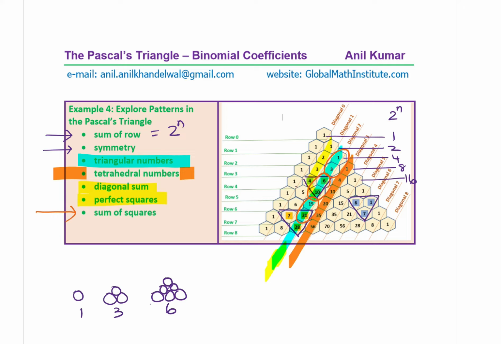We are going to take up some questions based on sum of squares. That is to say, we know 1 plus 3 plus 3 plus 1 is 8, but what about 1 squared plus 3 squared plus 3 squared plus 1 squared? Is that sum also given somewhere? Well, let's figure this out. So 1 plus, this is 9.